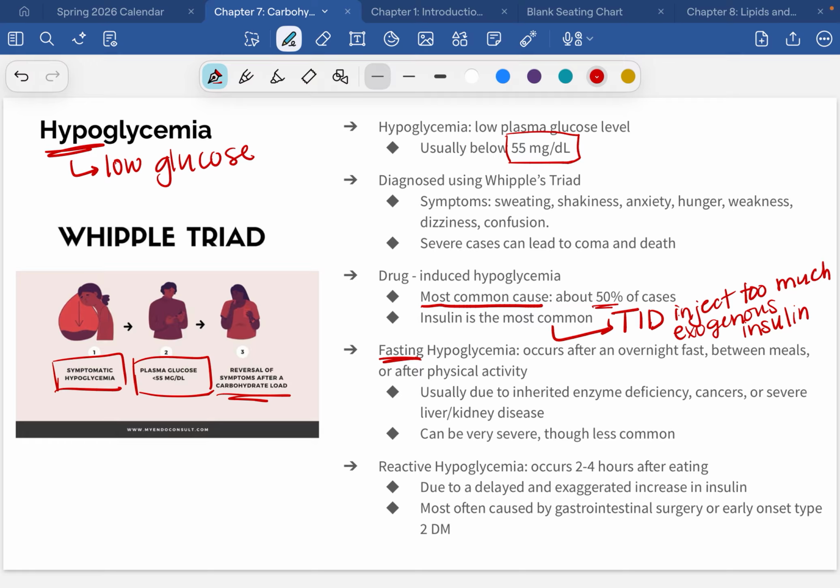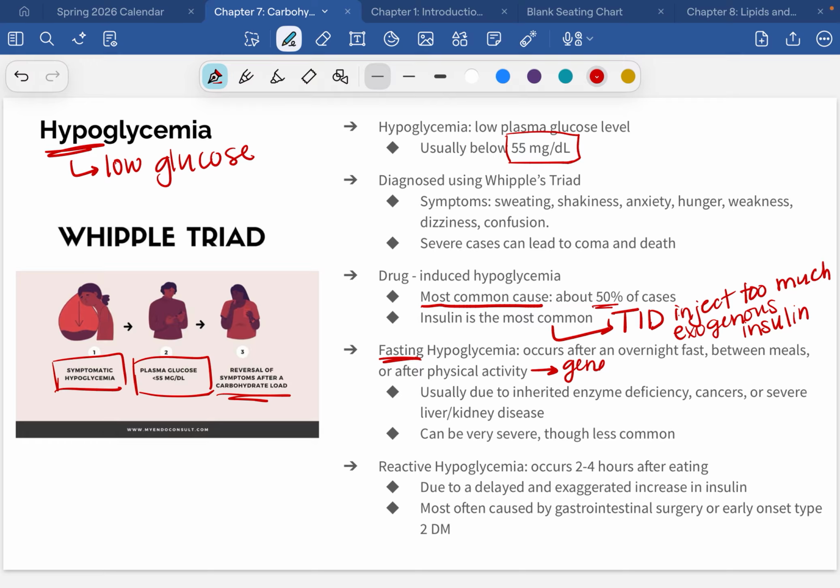When one system starts to fail, it can affect lots of other parts of the body. And one of the ways that liver disease and kidney disease can affect the body is causing fasting hypoglycemia. It can be very severe, but it is much less common. It's fairly rare.